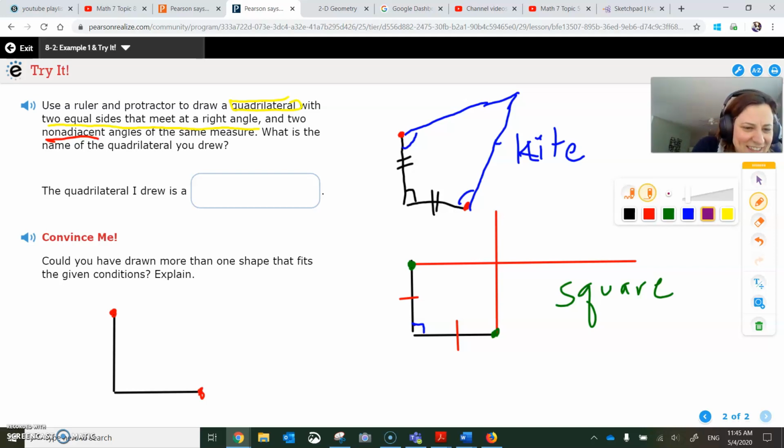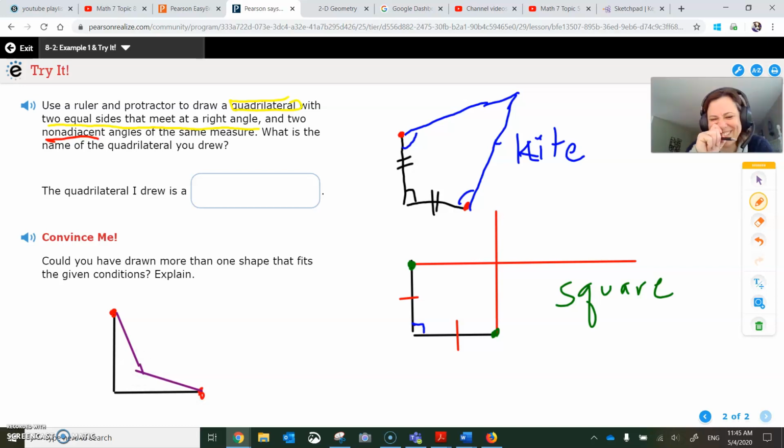So I'm going to have this angle be an acute angle, and I want this one to be the same size acute angle. And it ends up, you get the idea, it ends up making that shape, which is also a quadrilateral. These are all quadrilaterals. They all have 4 sides. And that's just kind of a little funky drawing there, which we'll talk about at a later date. But there's 3 possible things that you could draw.